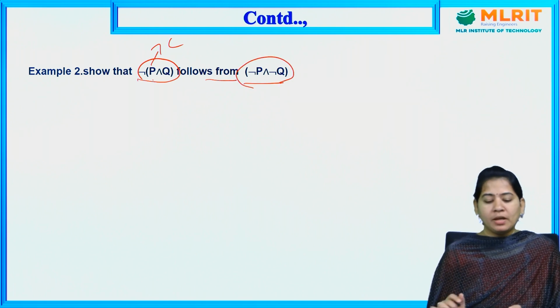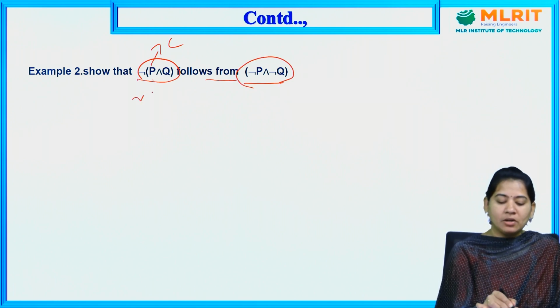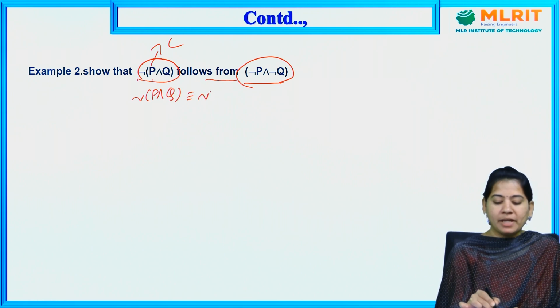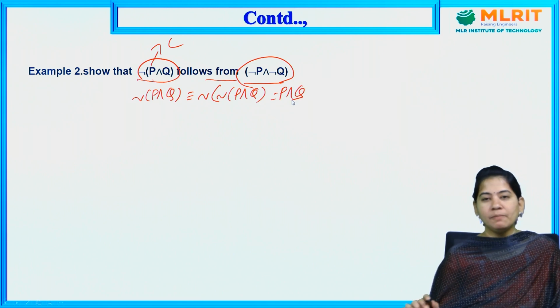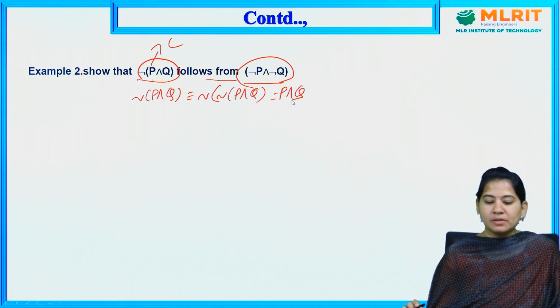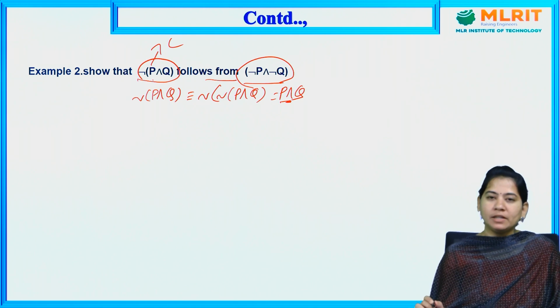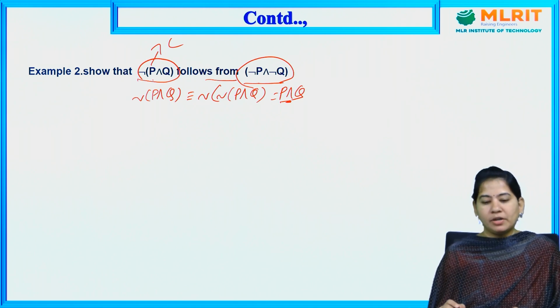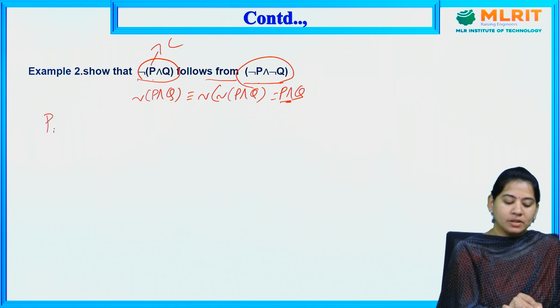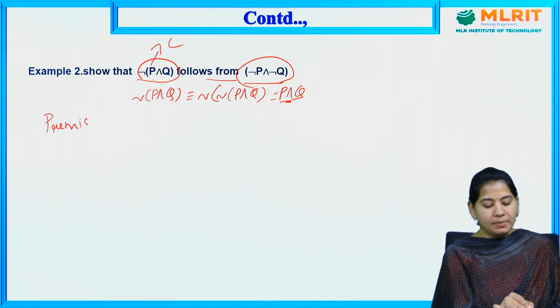Now for this negation of P and Q, if you apply negation, you will get P and Q as an additional premise. You have to include this in the given premises, then solve until you get a contradiction.